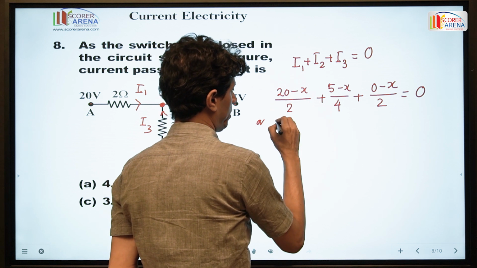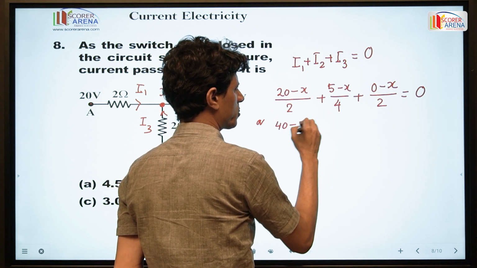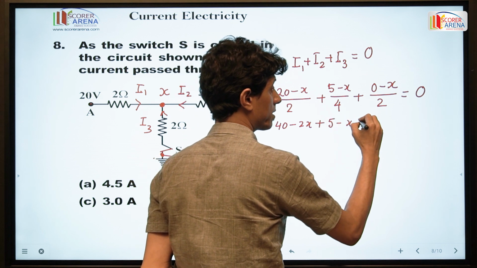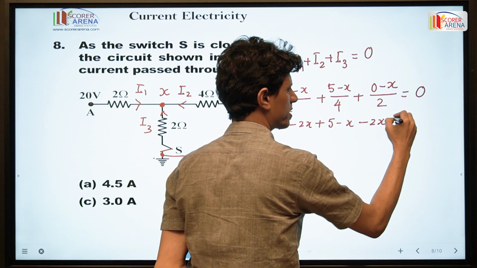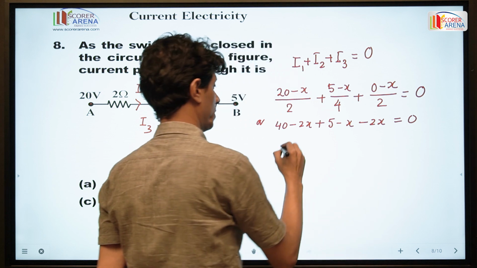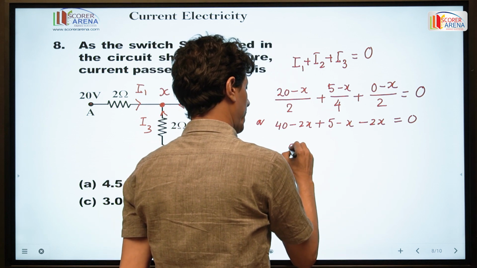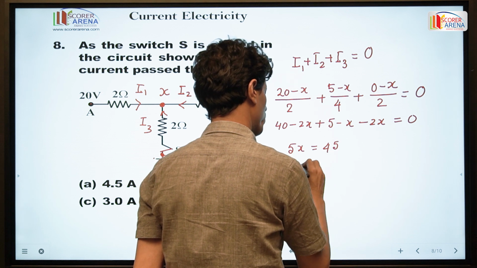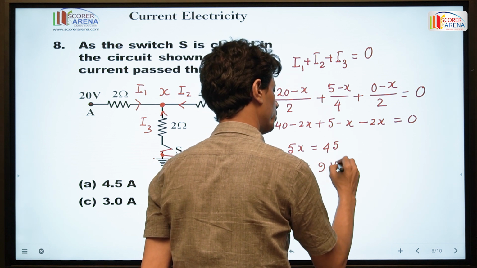Simple calculation: 40 minus 2x plus 5 minus x minus 2x equal to 0. 5x is equal to 45, then x is equal to 9 volt.